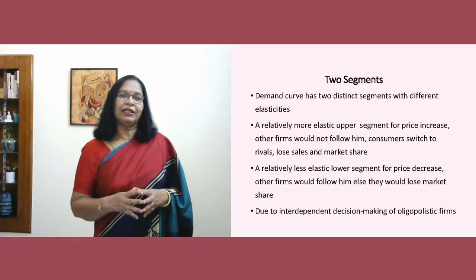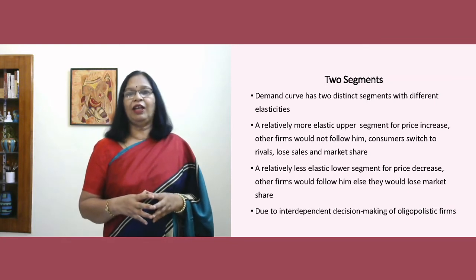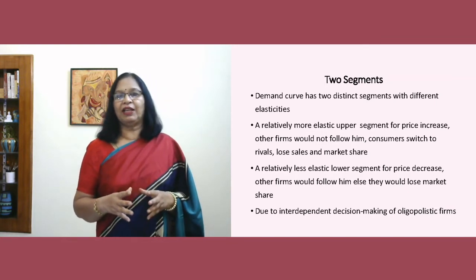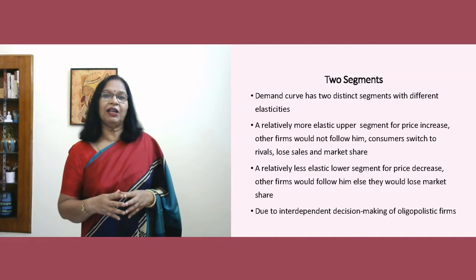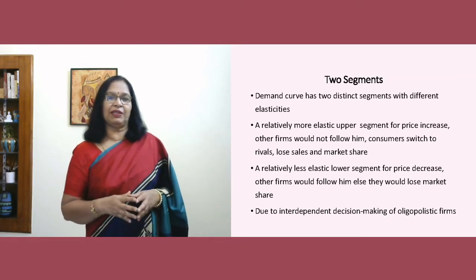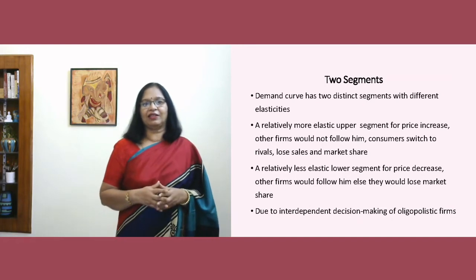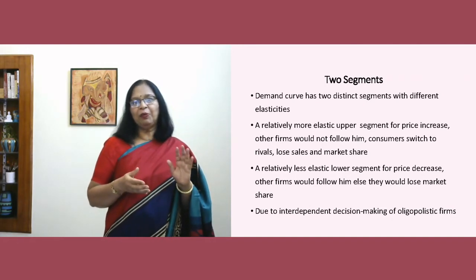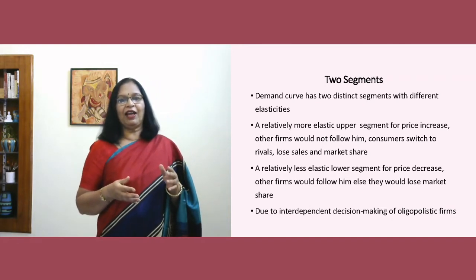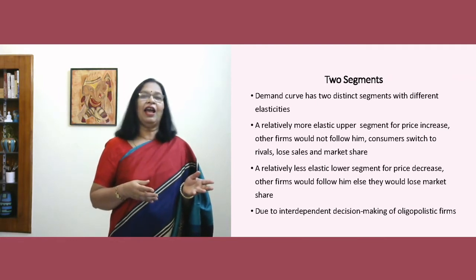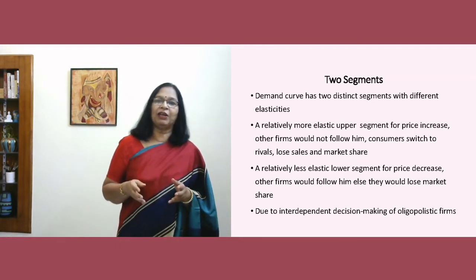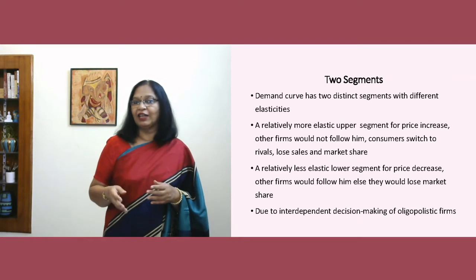We find that the demand curve is peculiar in this case, with two segments that have different degrees of elasticity. The upper portion of the demand curve is relatively elastic, and the lower part is relatively inelastic.